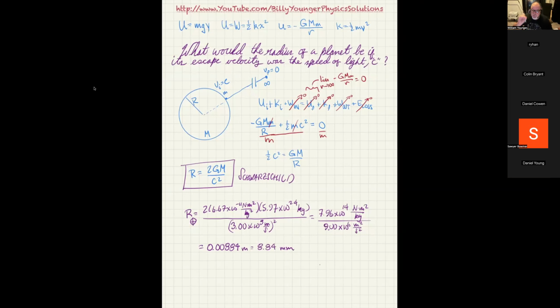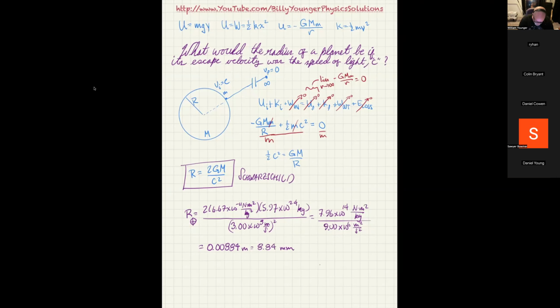So about the width of my pinky nail. That's how big the Earth would have to be if it was going to be a black hole. Assuming I did all the calculations right, which I seem to remember a slightly different number, but that looks pretty right.